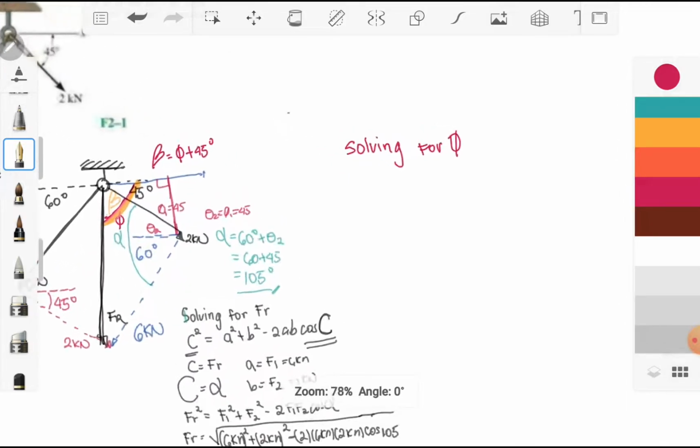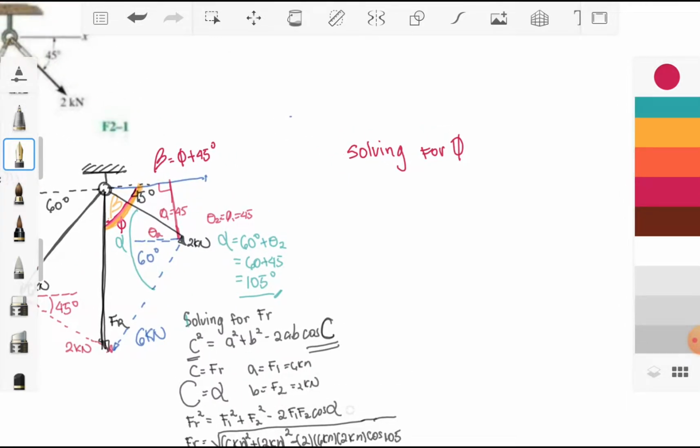Take note that we already have our alpha, and we already have our FR. So how will you solve for phi? Using your sine law.